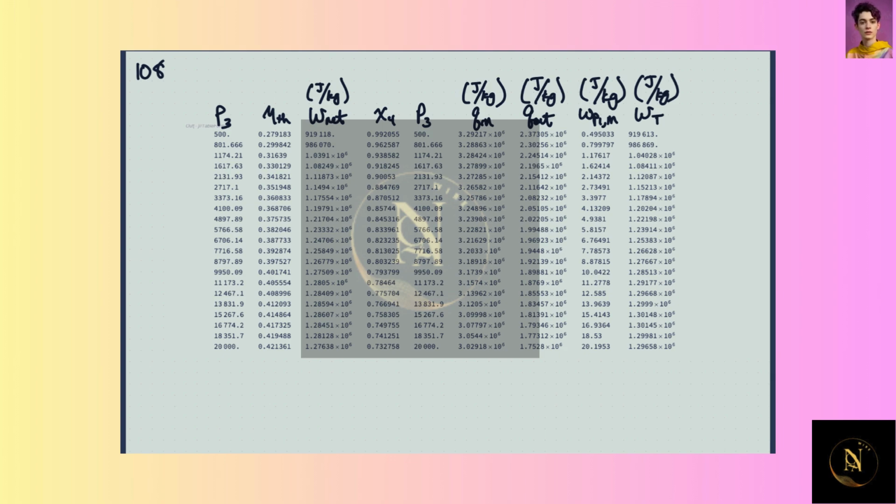The specific work of the pump in, did I convert that? Oh, I did. I was going to say this looked way too small. Okay, so that could be kilojoules. Anyway, you can see it only changes at the third decimal place, the specific work into the pump, compared to the work out of the turbine.